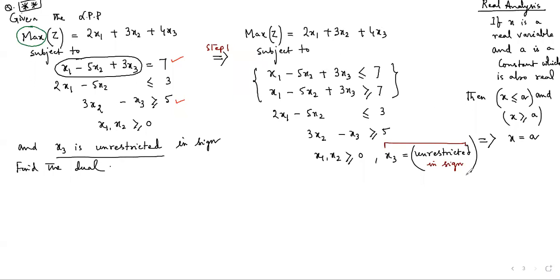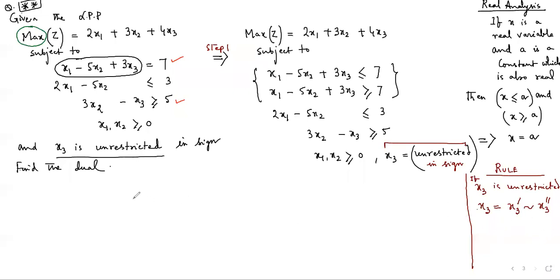So what we can do is the following. This is the rule. So many rules are there in operations research. If x3 is unrestricted, we consider x3 as the difference of two new variables, x3 prime difference x3 double prime.